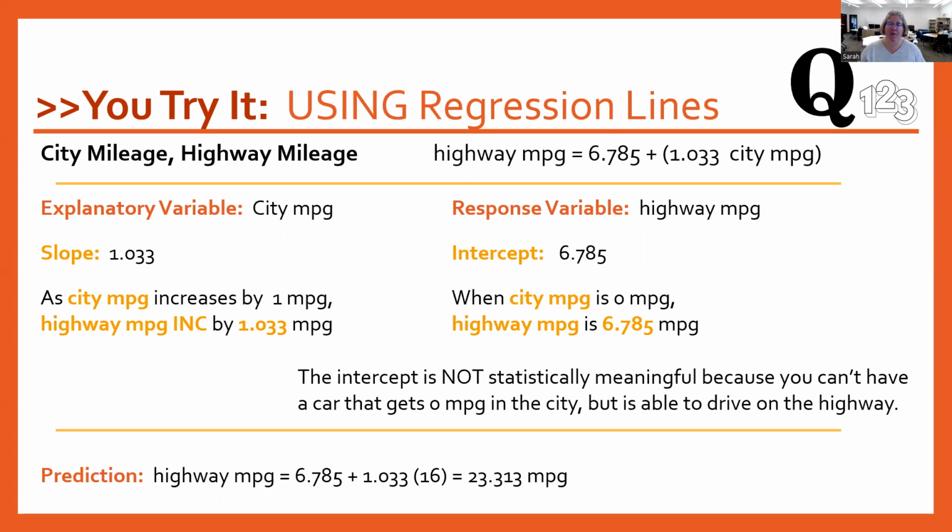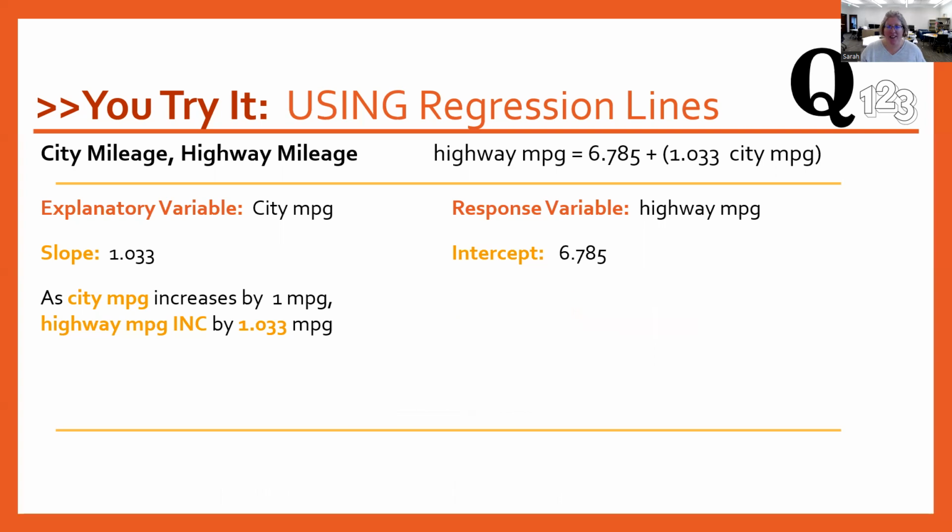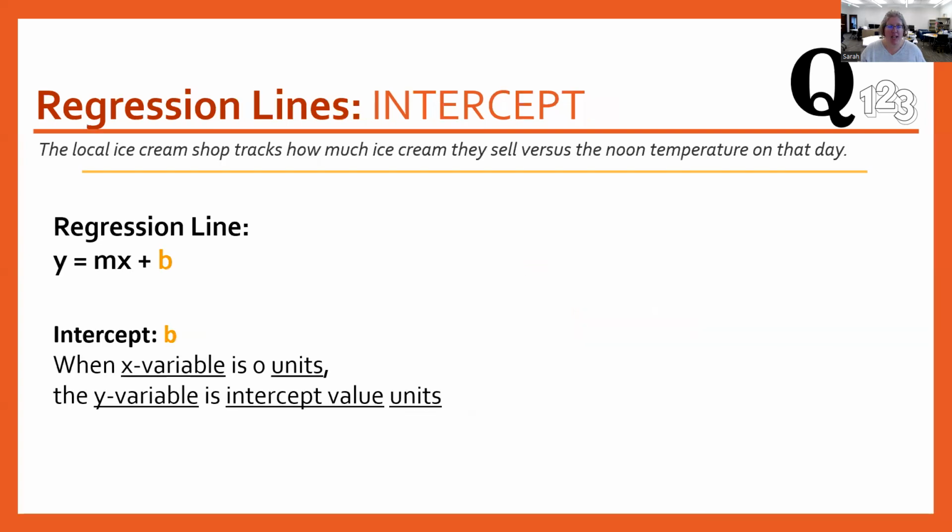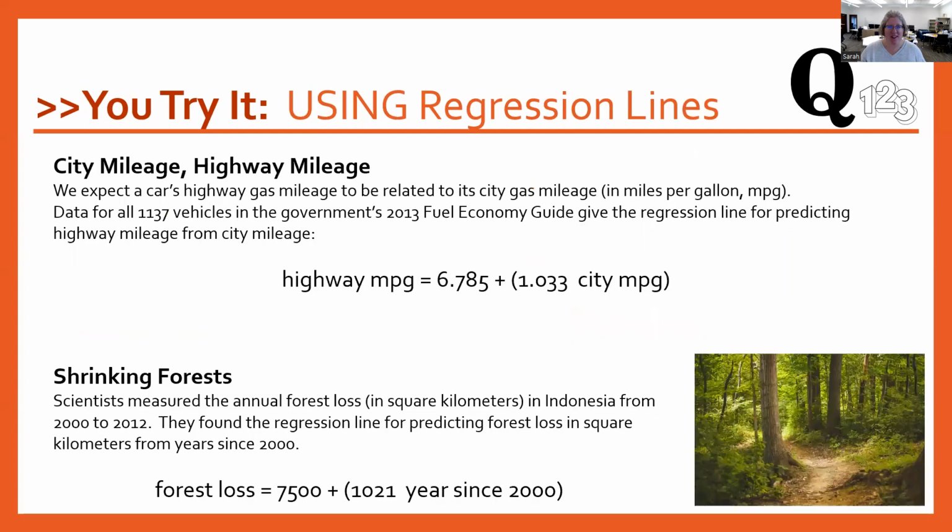And now that we've gone through one of them, let's go back and do this other one. This last one that you're going to look at is this shrinking forest. Scientists measure the annual forest loss in square kilometers, so that's a quantitative variable, in Indonesia from 2000 to 2012. They gave us a regression line, and the one thing to note here is that the regression line for predicting forest loss in square kilometers is counting the years since 2000.